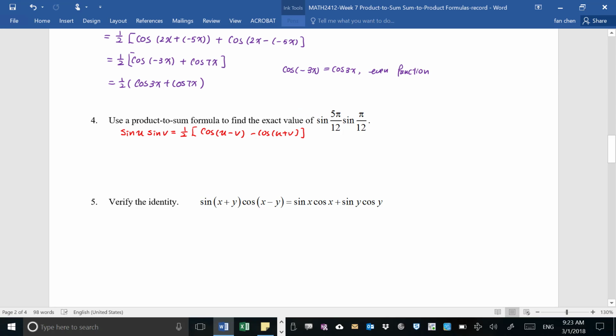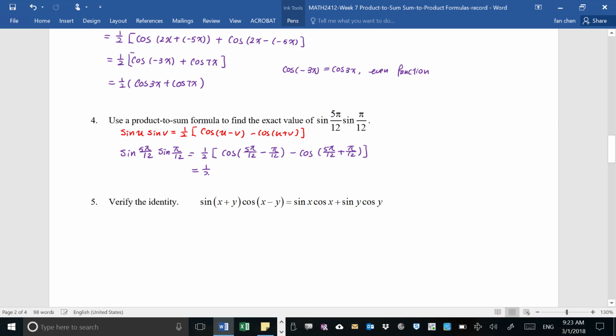So therefore, sine 5 pi over 12 sine pi over 12 is equal to half of cosine of 5 pi over 12 minus pi over 12, minus cosine of 5 pi over 12 plus pi over 12.